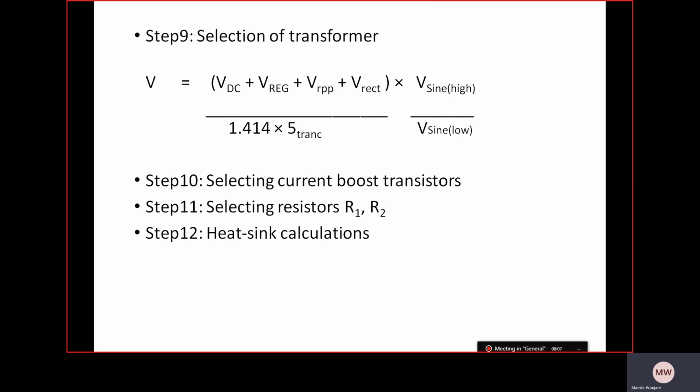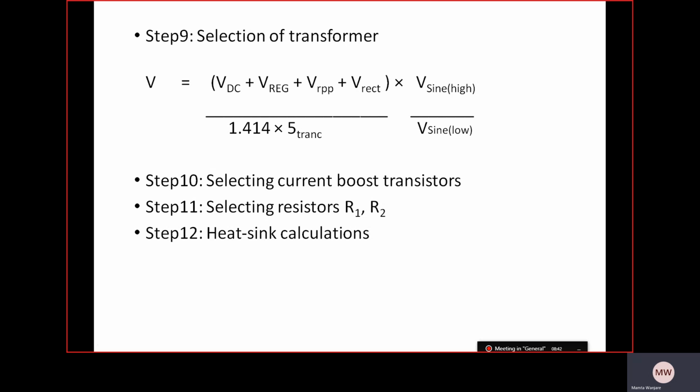We require a step down transformer, and considering the voltage drop across each component, we find the secondary voltage of the transformer and convert that voltage into an RMS value. From that we calculate the turns ratio as well as the current, and from that we select the transformer.